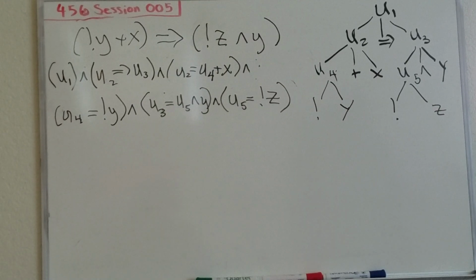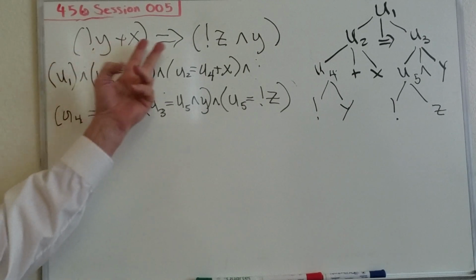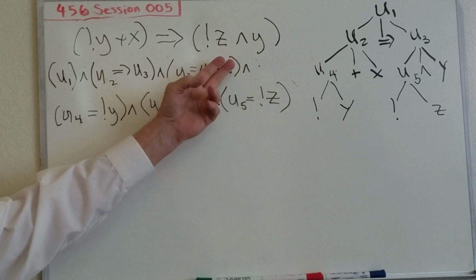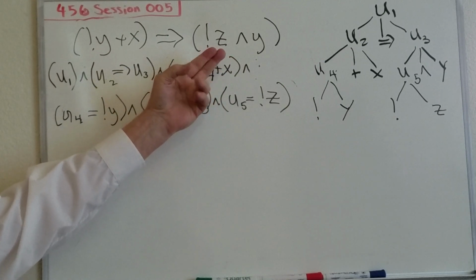Using the fact that Boolean expressions are generated by a context-free grammar, we can make use of that grammar to design a reduction of SAT to 3-SAT. Let's say, for example, we take a slightly more complex Boolean expression like this one.